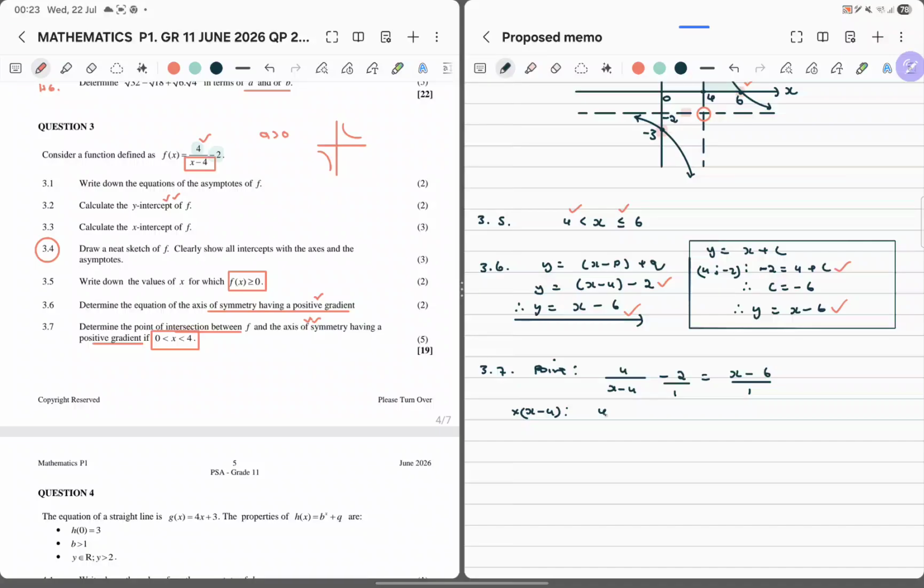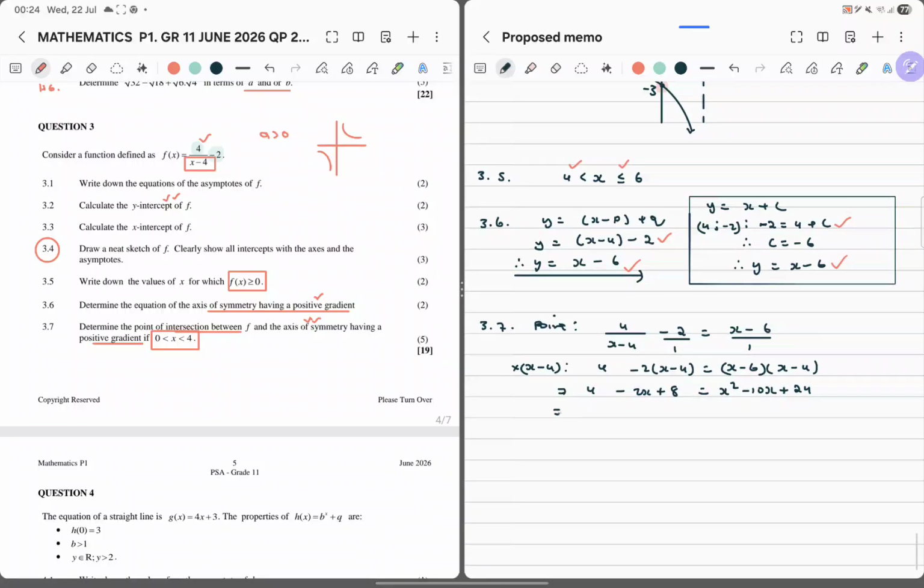If we do that, we just get 4 minus 2 into x minus 4 is equal to x minus 6 into x minus 4. Nice and easy. So this implies that we've got 4 minus 2x plus 8 equals, FOIL this out, x squared minus 4 minus 6 is minus 10x plus 24.